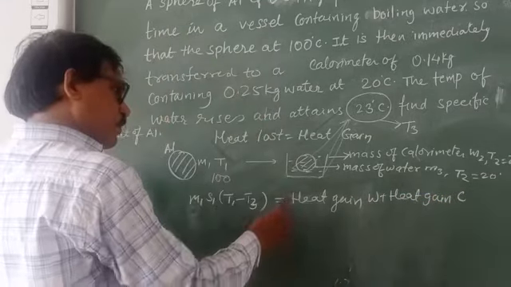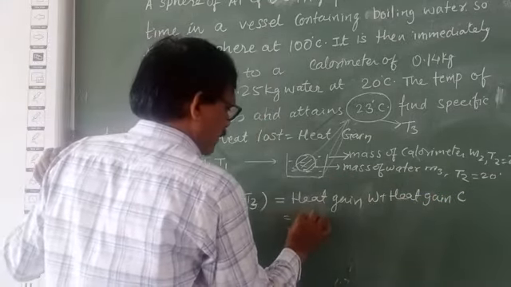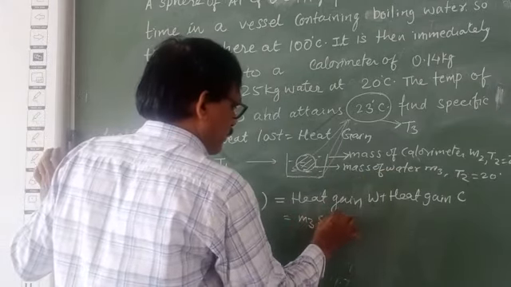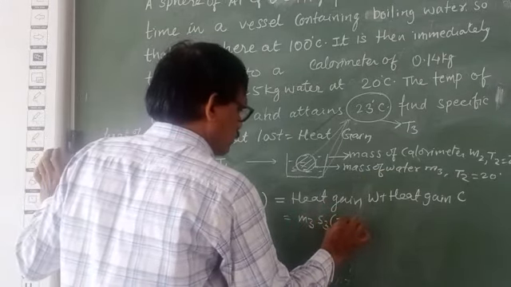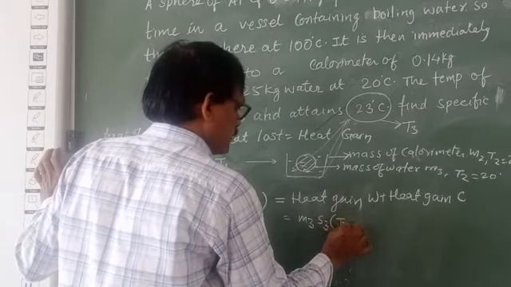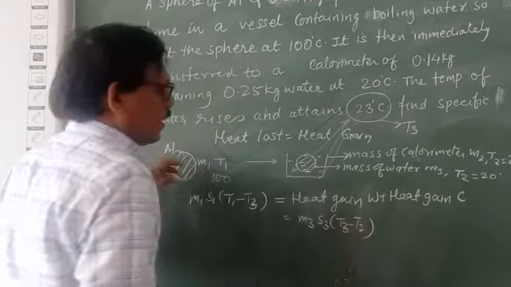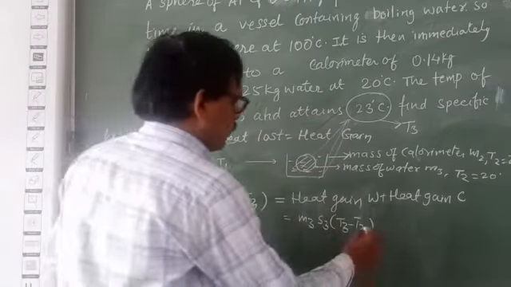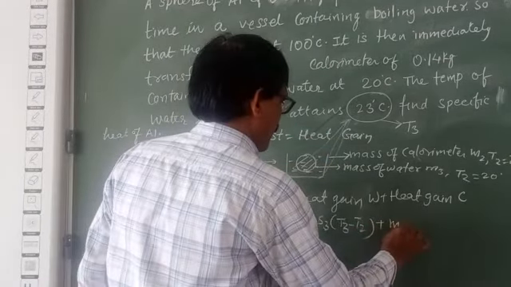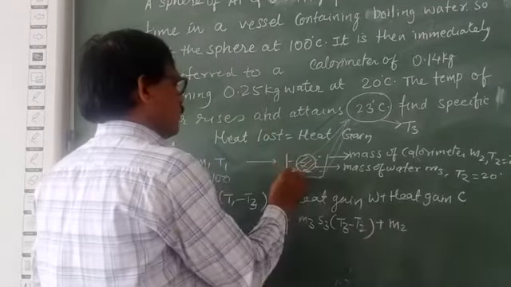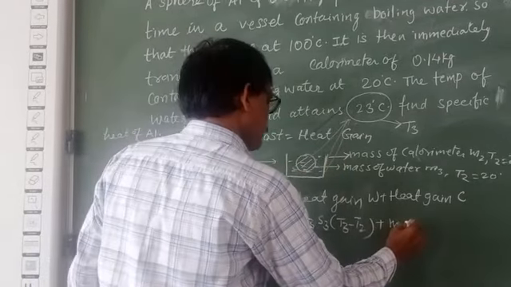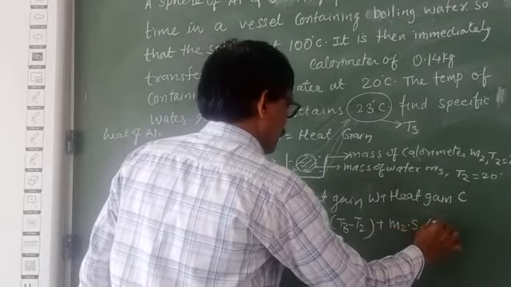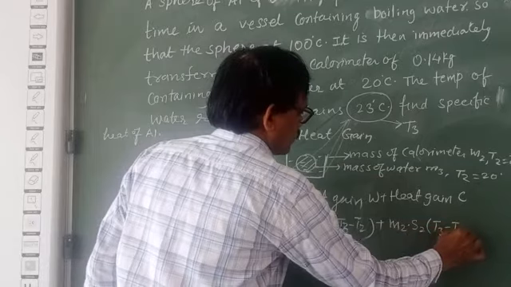So for water it will be M3 S3 times T3 minus T2, plus M2 S2 times T3 minus T2, because the calorimeter also gains energy.